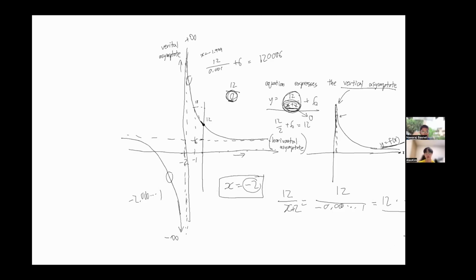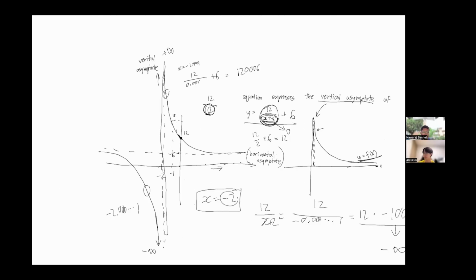And for when x equals -2, there is no value that exists. Because if x equals -2, it would have been 12 over 0 plus 6. But we know from fundamental rules of math, you cannot divide any number by 0 because that will give you no numerical value.